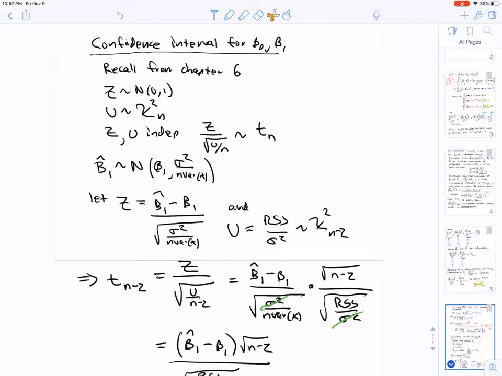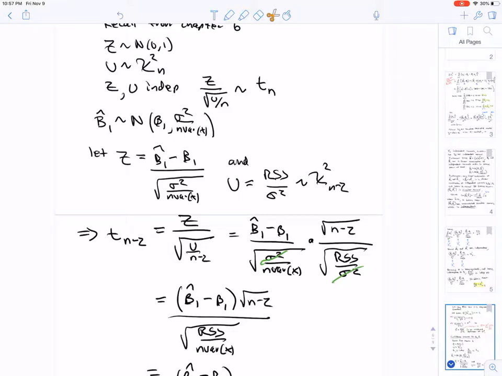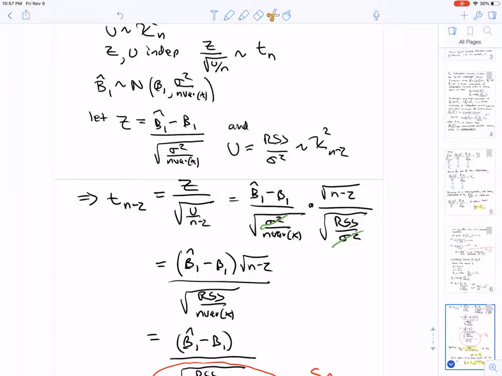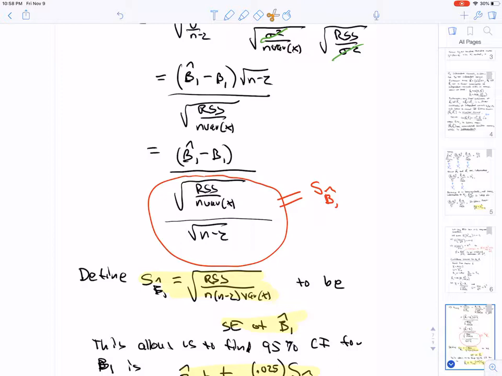Then I get a t-distribution with n minus 2 degrees of freedom: beta 1 hat minus beta 1 over the standard error, and that standard error is the square root of RSS over n times n minus 2 times the variance of x. So great to know the standard error of beta 1 hat.